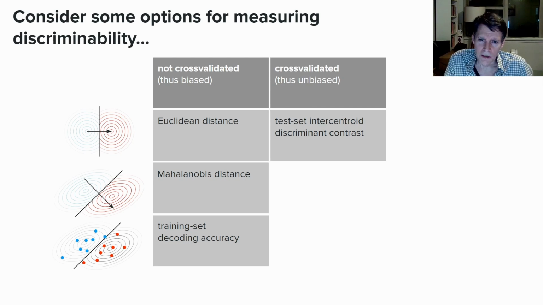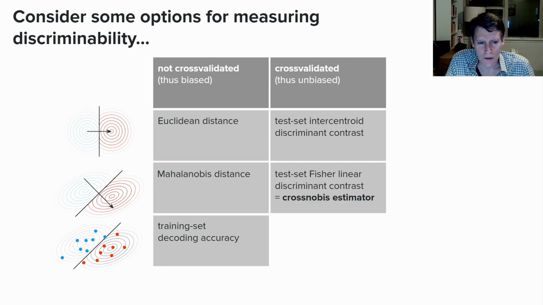For the Euclidean distance, we could instead use the test set intercentroid discriminant contrast, and this is where we define the discriminant as the vector that is the difference between the two means. We could use that as a discriminant, then project a separate set of test data onto that discriminant and see how well we can decode. And if we can decode significantly, then that would be an indication that there's actually a difference between the two distributions.